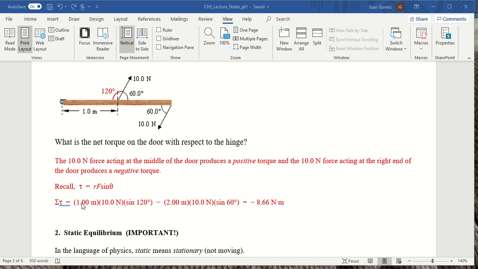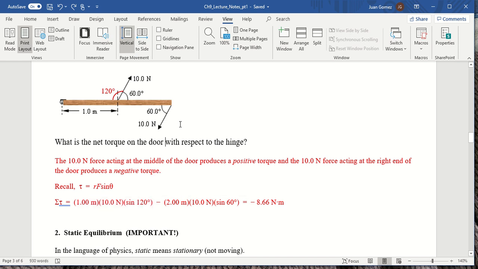So R is 1 meter. The force is 10 newtons. And the angle between F and R is 120 degrees. So that's R F sine theta. And that torque is positive.